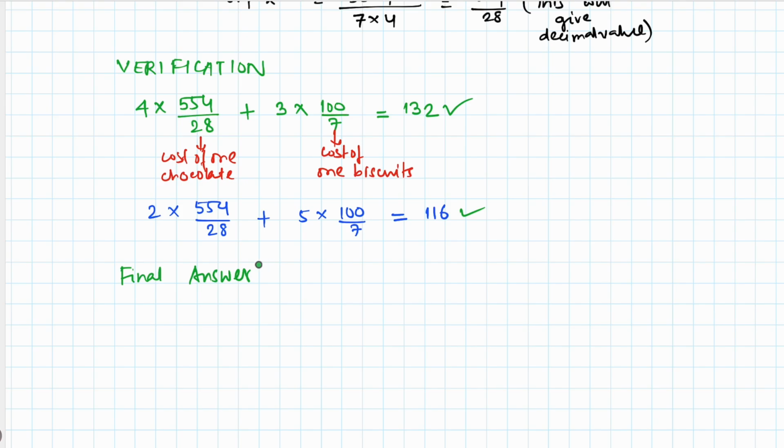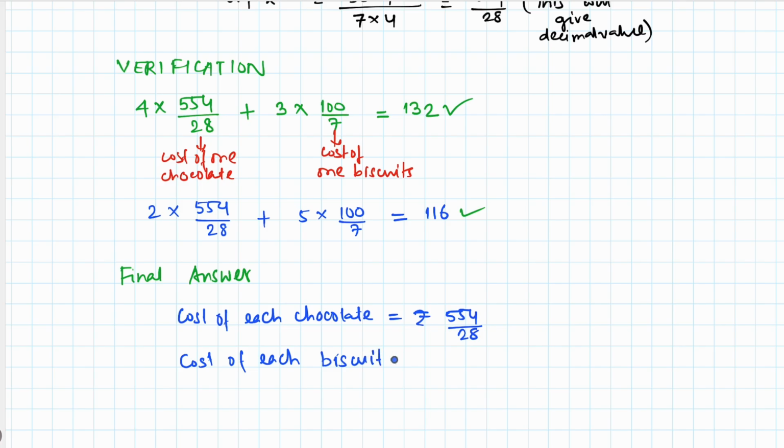So both statements are satisfied with the answer that we have got. Now the final answer becomes: cost of each chocolate is rupees 554 by 28, and cost of each biscuit is 100 by 7. You can write this in decimal to get the exact value.